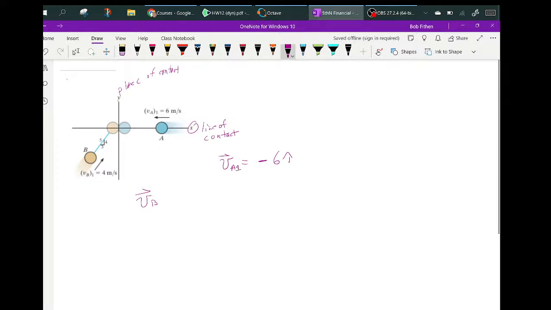And this is, I need to put initial equals to. Value of 4, 3/5 going to the right. 4 times 3/5 i, that's the component going to the right, and then I got a component going north, which is 4 times 4/5 j. So here's my two initial.